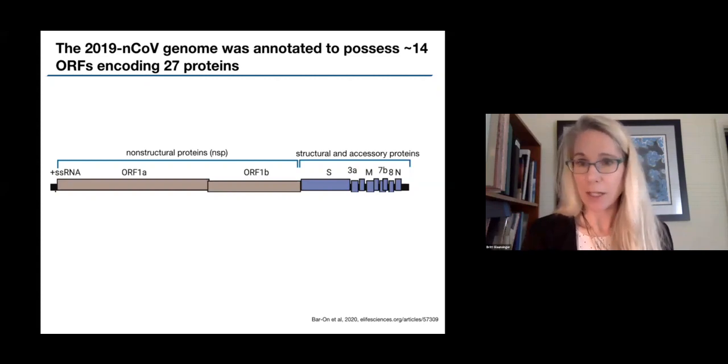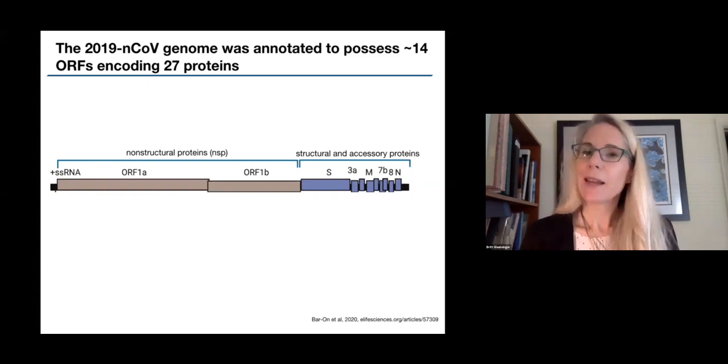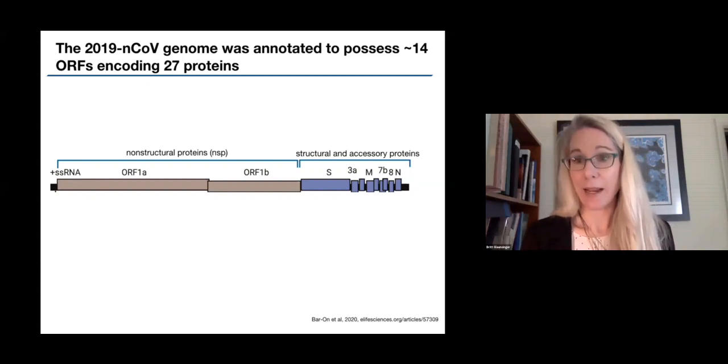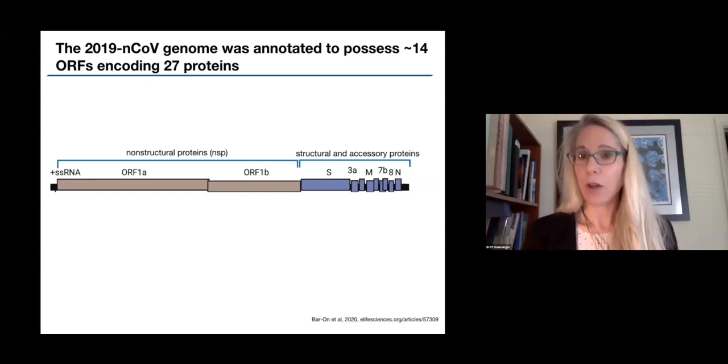For viruses, non-structural proteins are usually things like enzymes that are doing the work of viral replication. And then at the 3' portion of the genome are the remaining open reading frames that encode all of the structural genes, the things like the spike protein and the matrix protein and the nucleocapsid protein, as well as a number of accessory factors that I'll talk a little bit about too.